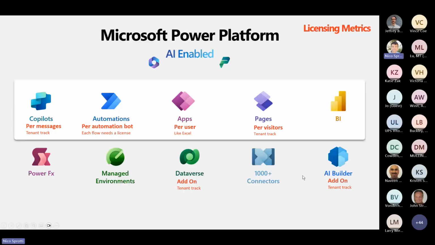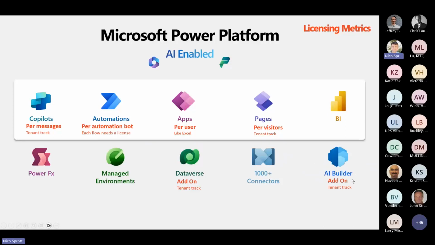Two add-ons to that: when you get Power Apps or automation, you get some entitlement for Dataverse, which is our database. You get some Dataverse credit along with some AI Builder credit, and we'll touch on that. So you should have enough to start. But at some point you may think, oh, maybe I need more Dataverse or I need more AI Builder.